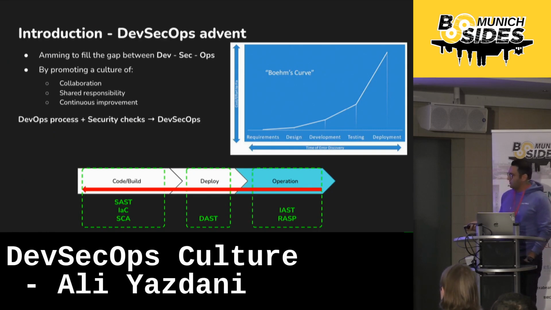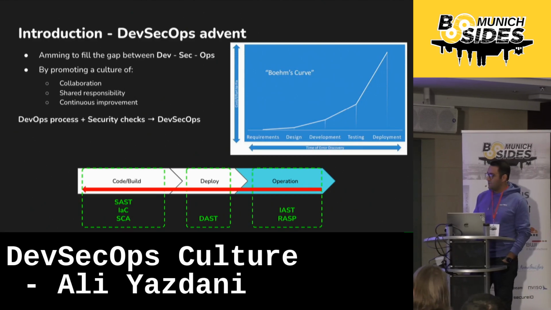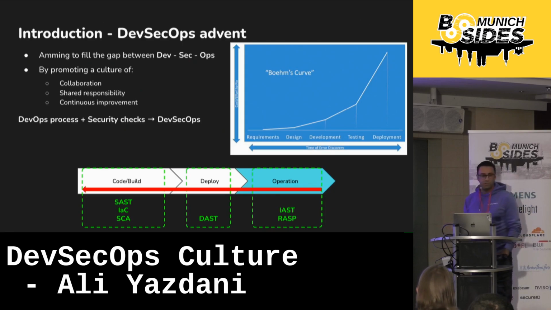As you can see here, we shift security checks to the left side of the development pipeline by adding different security tests like SAST, IAST, software composition analysis, DAST, and other parts that we can have. I just put some examples here.